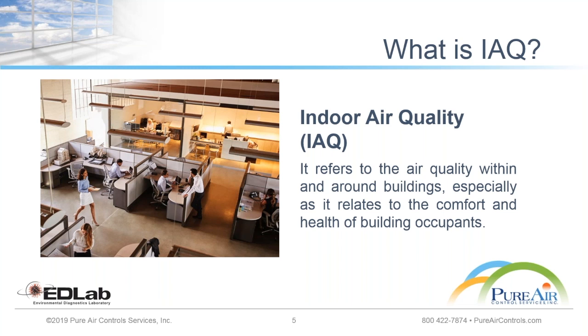Whereas when you exclusively talk about the air, what is pure air, what is not pure air, or what is contaminated air, then that relates to indoor air quality. So it can be defined as the quality of air within and around a building, especially as it relates to the comfort and health of a building occupant in terms of air.